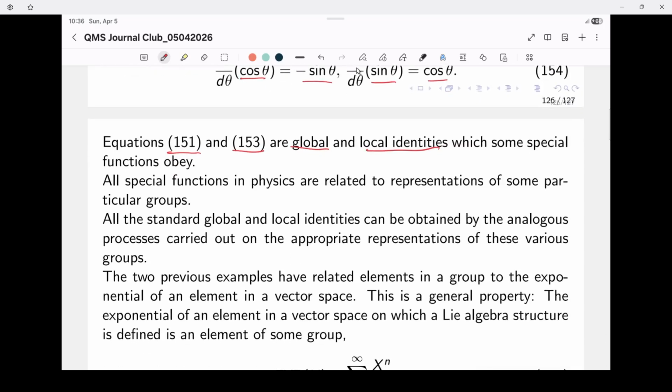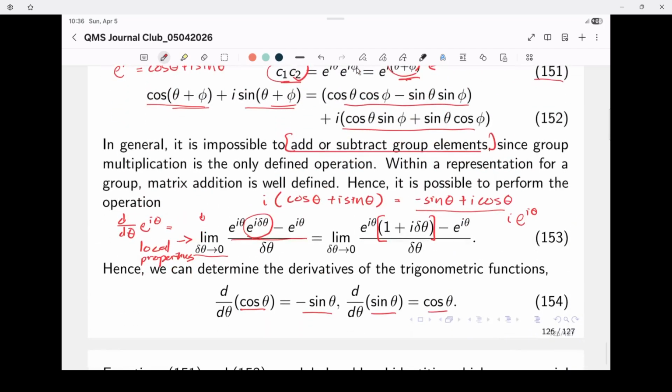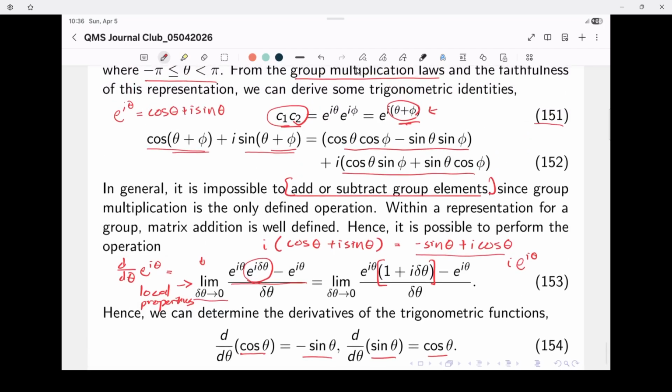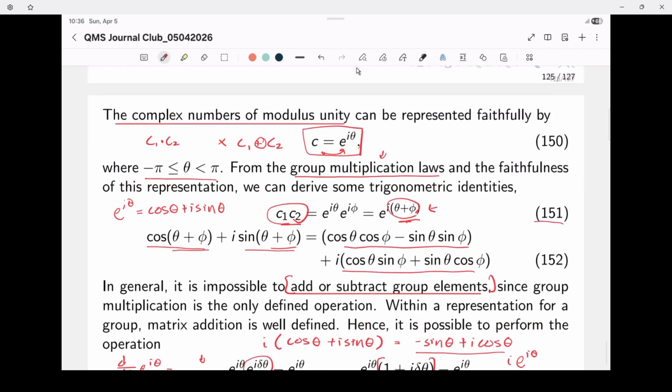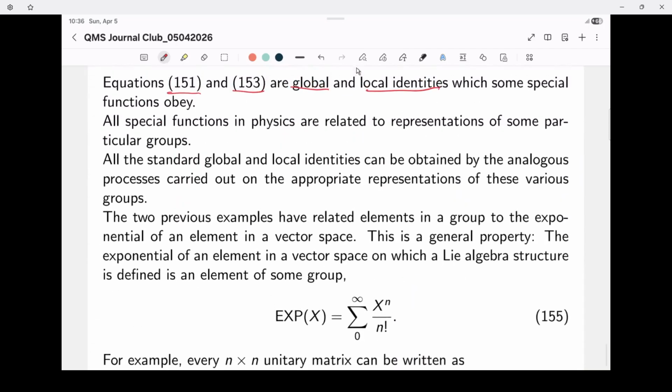And I think what else is important? These two examples show a very simple example of how the exponential map helps you look at the global and local structures. Later on, when you go into more complicated group structures, then you will see more about this.